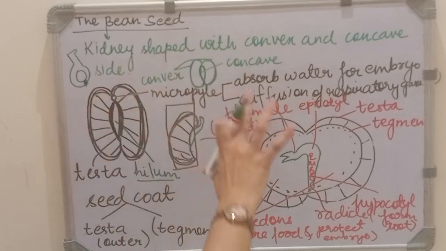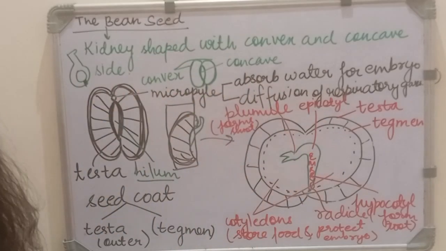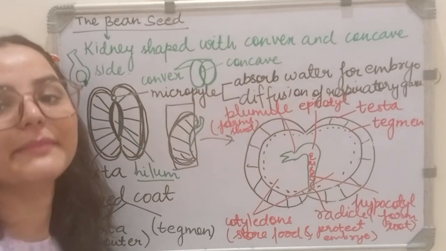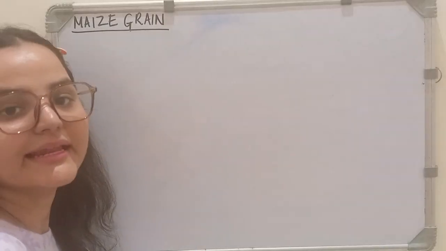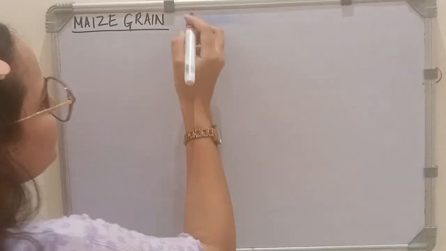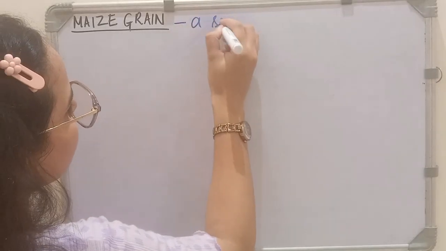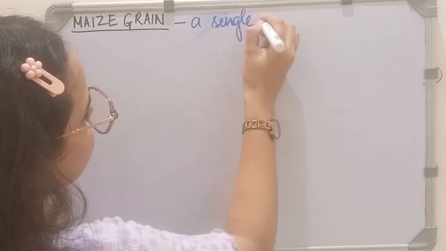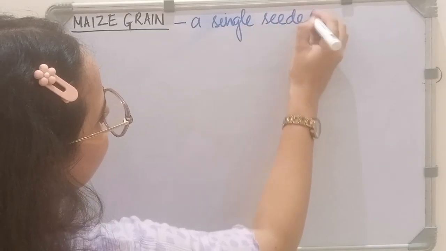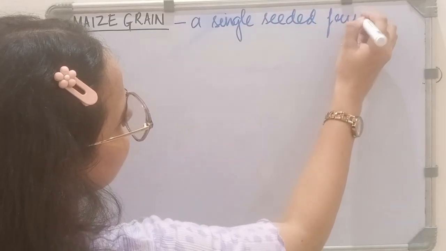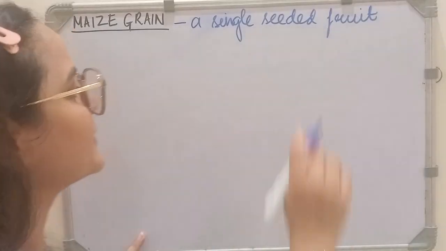So this was all about the bean seed. Now let's study about the maize grain. Maize grain is a single seeded fruit. Only one seed is present within the fruit.